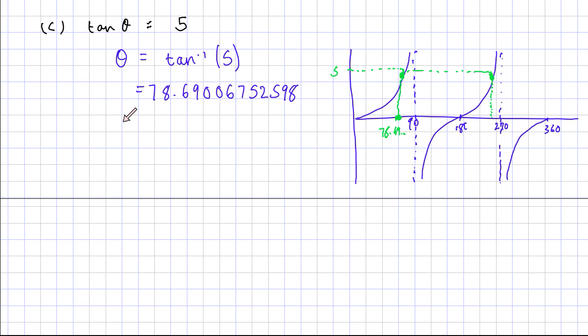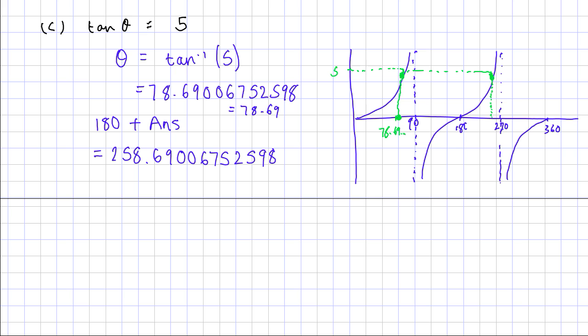So I can just do 180 plus this answer, and that gives me the value that I get. Now if I wanted to round them to 2 decimal places, this one would be 78.69 and this one would be 258.69. So these are the values.